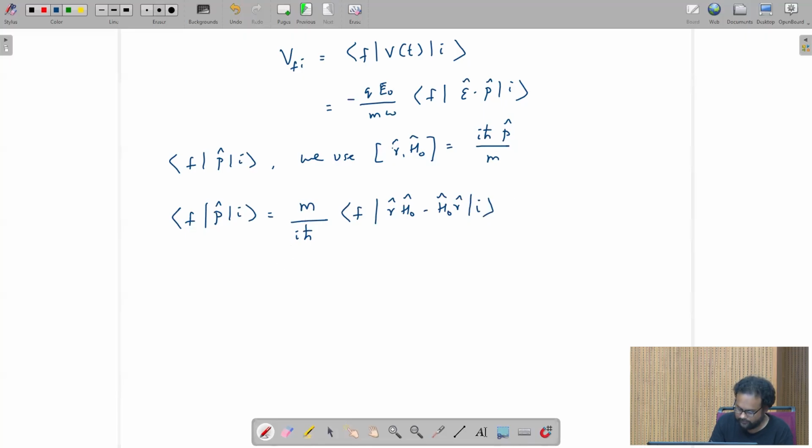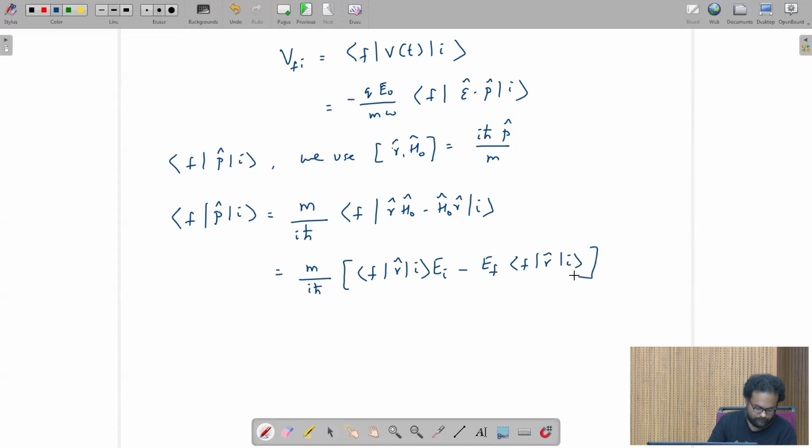Expanding this out, m over h-bar, <f|r|i> times E_i, the eigenvalue, minus E_f <f|r|i>. I can pull this out and say I am omega_fi.